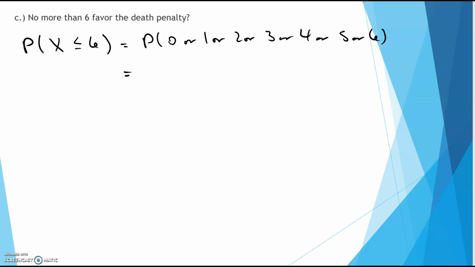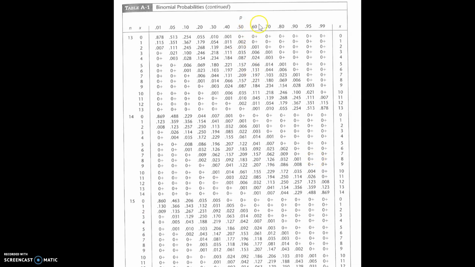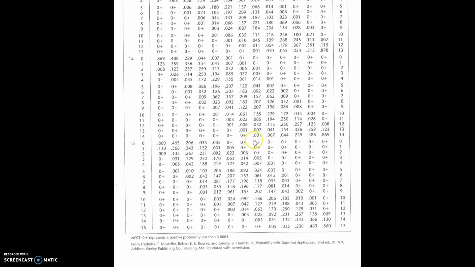We need to find the number for each one of these, for the 0, 1, 2, 3, 4, 5, and 6, and then add them all up. I'm still working with n is 15, and a p-value of 0.6, so I'm still in this column right here. I'm looking at 0 through 6, so I need this one, this one, this one, this one, this one, this one, and this one right here.